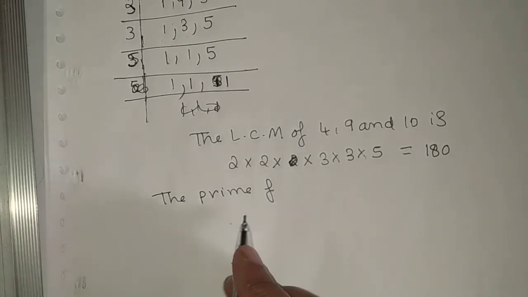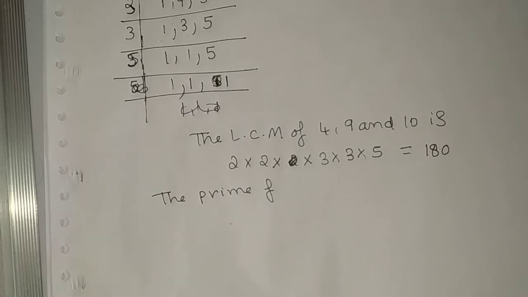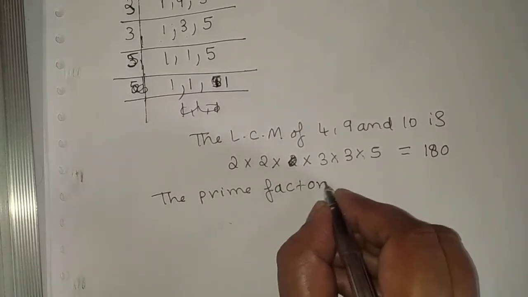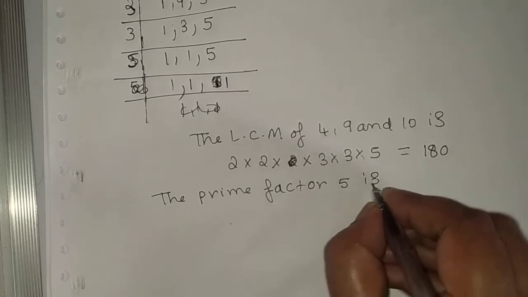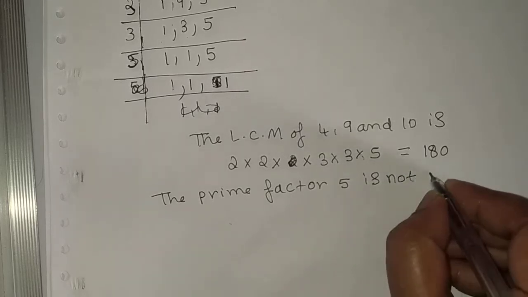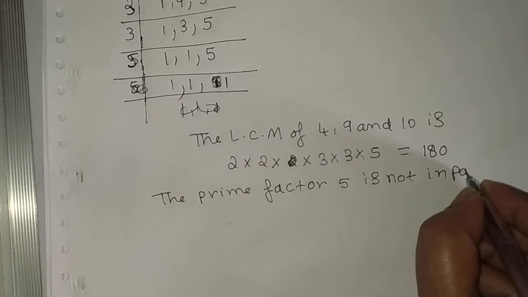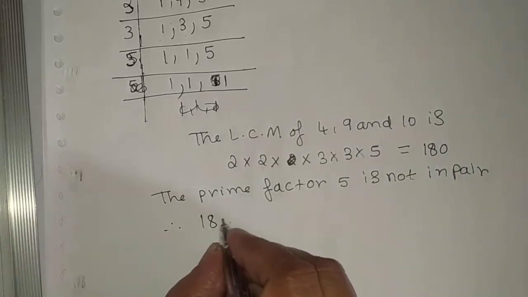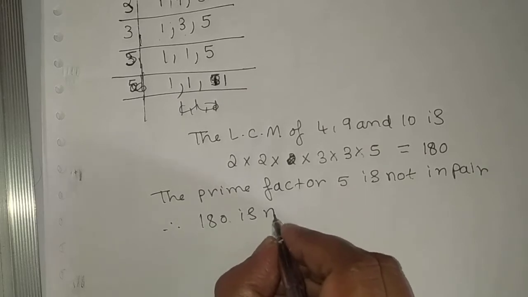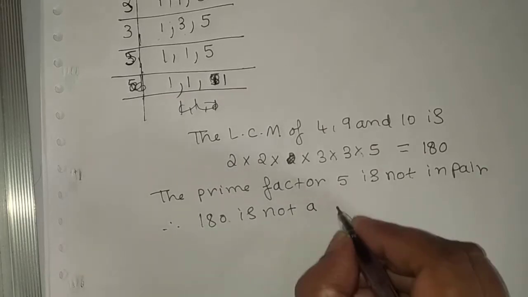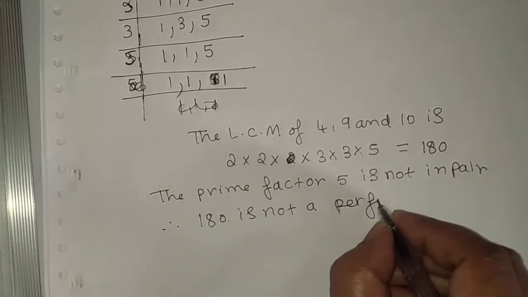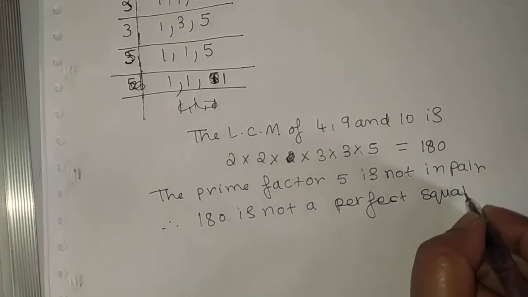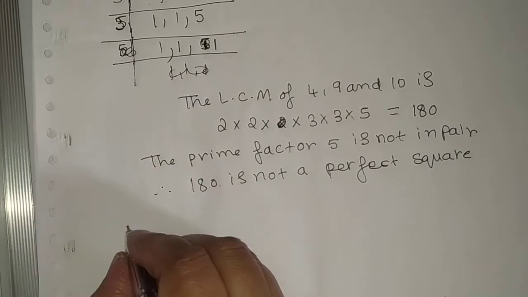So now the prime factors, multiplying all of these, we will get 180. Then we see the prime factor 5 is not in a pair. So 5 doesn't have a pair here. Therefore we write that 180 is not a perfect square.